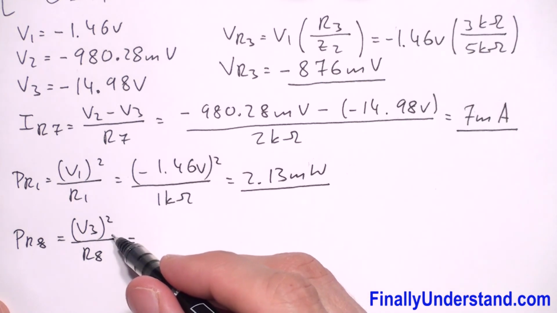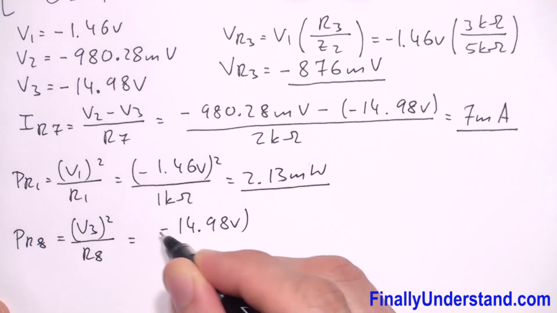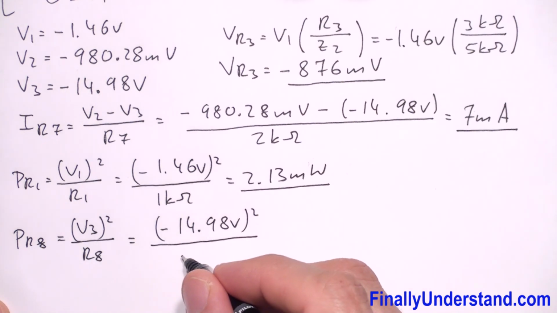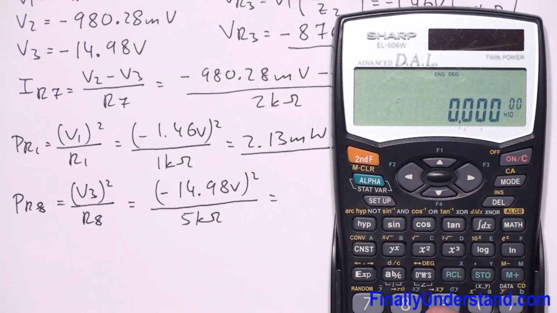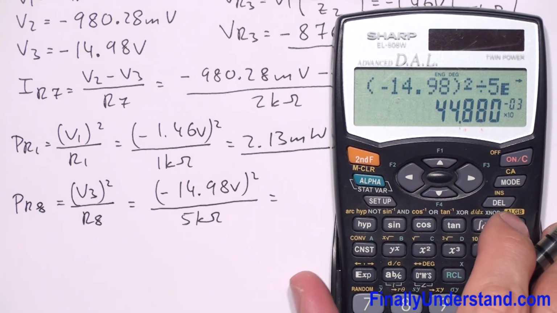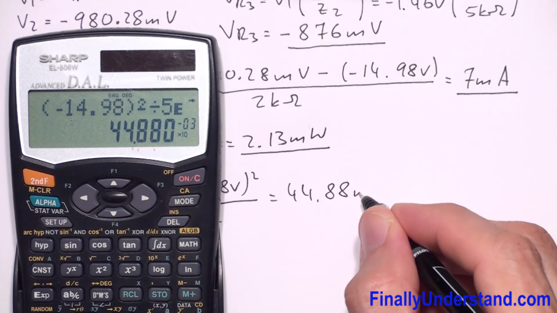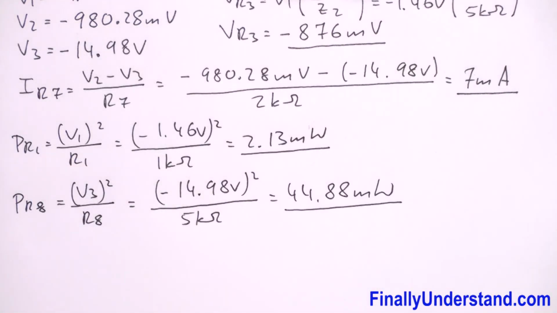So I have V3, which we found is equal to negative 14.98 volts, raised to the second power over R8, which is equal to 5 kilo ohms. This is equal to negative 14.98 raised to the second power divided by 5 exponent 3. This is equal to 44.88 milliwatts. Okay, and at this moment we can say that the problem is solved.